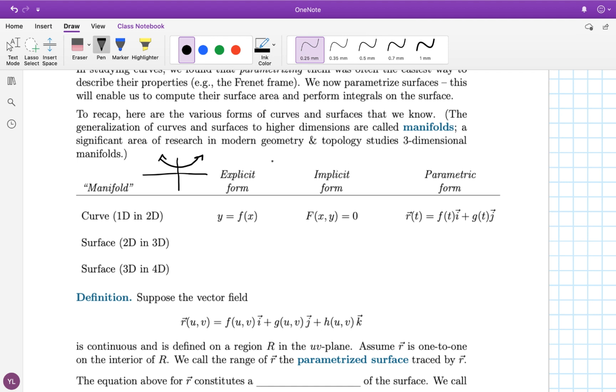Well, there are other one-dimensional curves in 2 dimensions that you can represent with an equation that isn't necessarily a y equals f of x equation or x equals f of y equation. For example, a circle is given implicitly, x squared plus y squared equals 1, something like that, right? And then we've also seen one-dimensional curves in 2 dimensions represented parametrically.